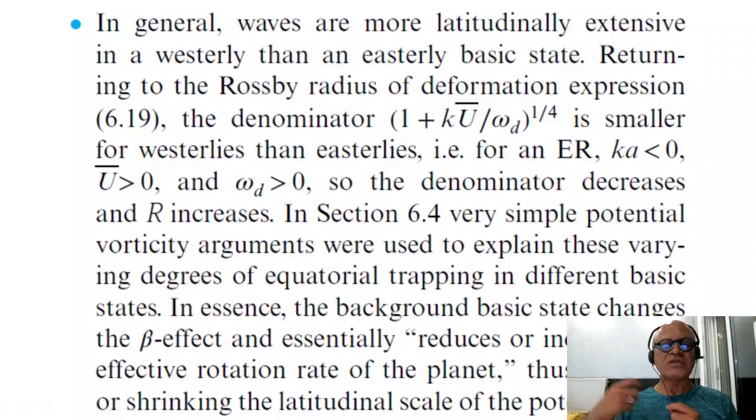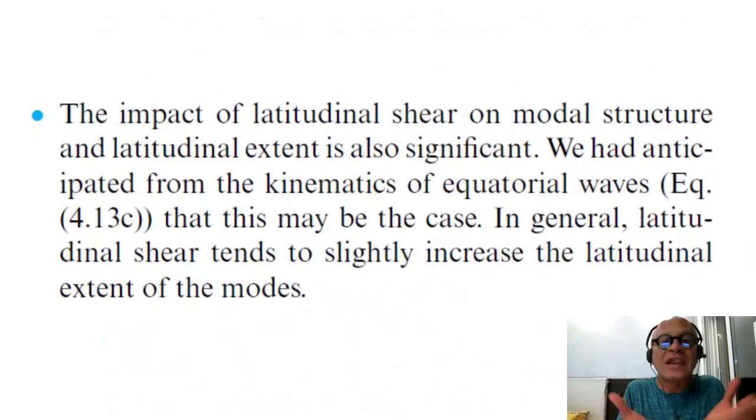So we used potential vorticity arguments to explain the impact on the equatorial trapping in different basic states for stationary basic state, easterly, westerly, and the meridional shear. Anything that modulates the equatorial trapping latitude or turning latitude is essentially working through, let's say, beta effect. It's reducing or increasing the effective rotation rate of the planet. So that's what widens or shrinks the latitudinal scale of the potential well that we keep talking about, that is created by the waves, right?